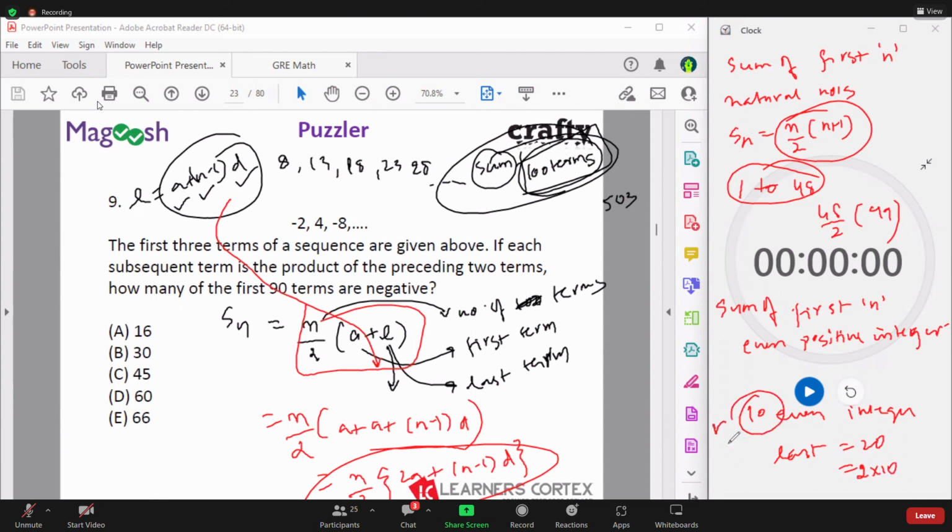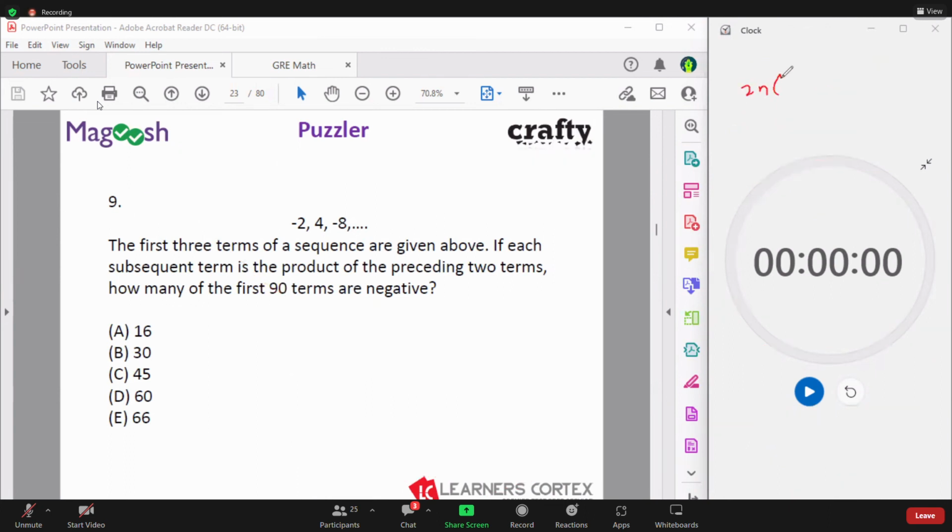If you consider this as n, the last term is 2n. So basically 2n times the number of terms plus 1 over 2, or n times n plus 1. Number of terms times number of terms plus 1, which will be 10 times 10 plus 1, which is 110.